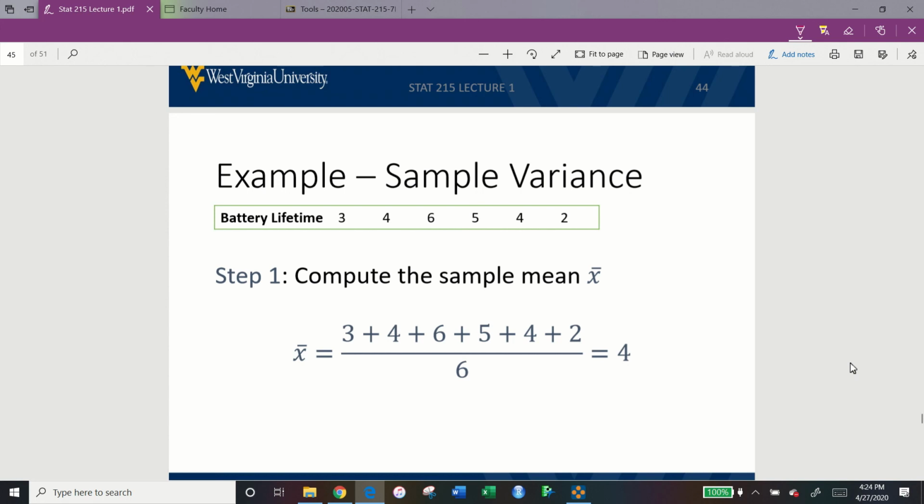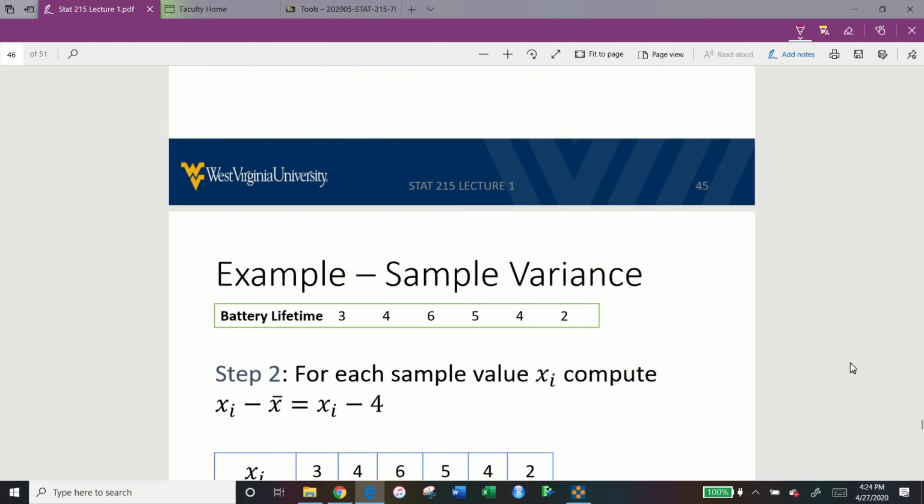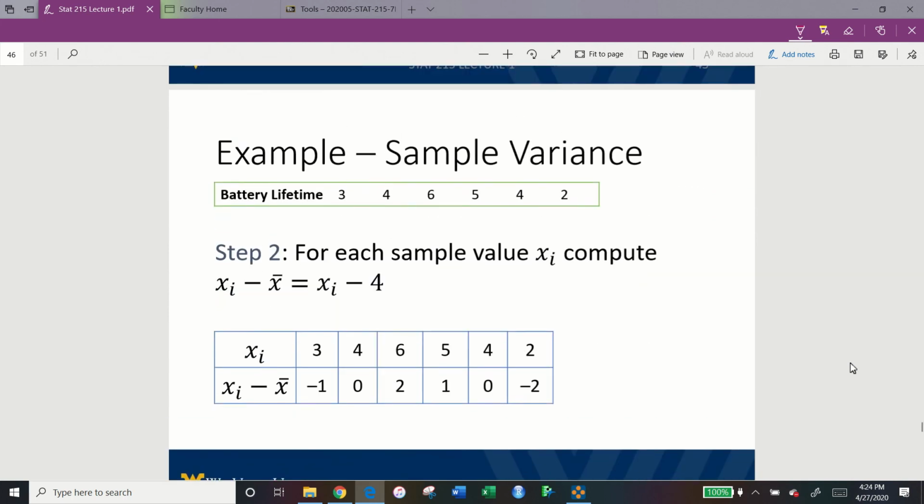Next, step 2. For each sample value xi, we want to compute xi minus our sample mean to get our deviation. So again, we have our battery lifetimes of 3, 4, 6, 5, 4, and 2.